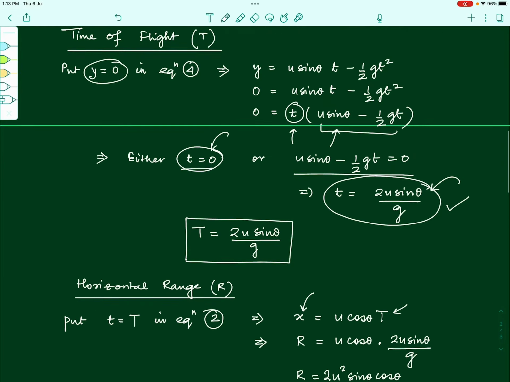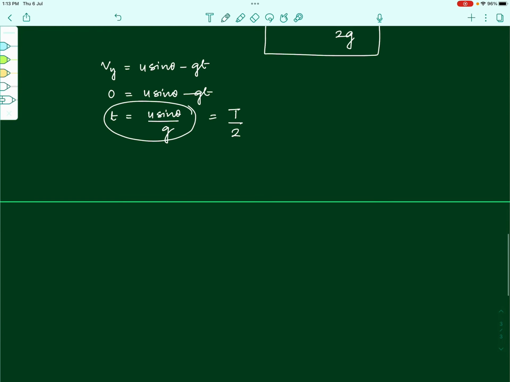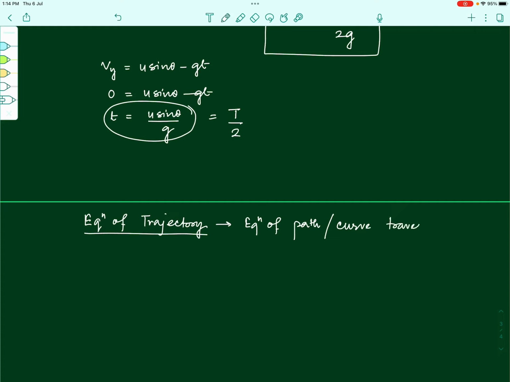Okay. Now, the next thing that we look at here is one more equation that we would like to find out, which is called the equation of trajectory. What is the equation of trajectory? Equation of trajectory is actually the equation of the path or the curve traversed by the projectile.